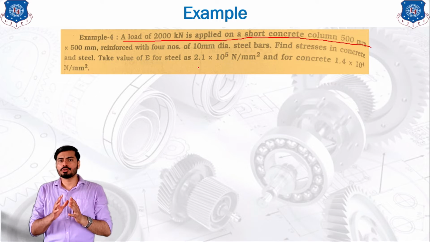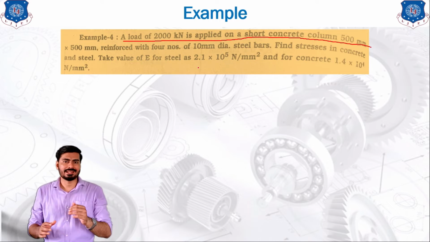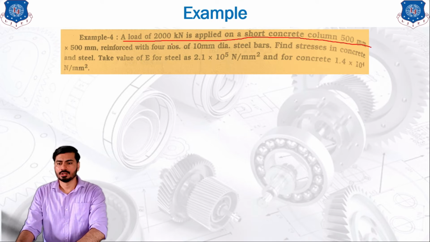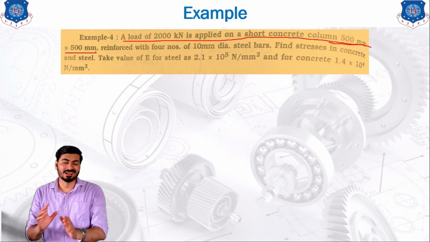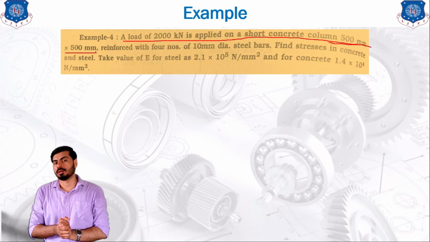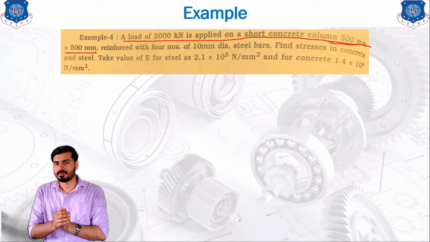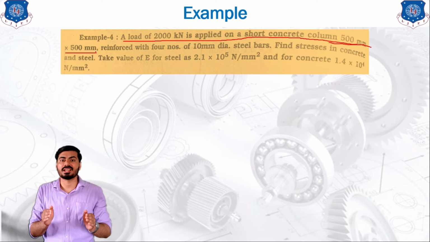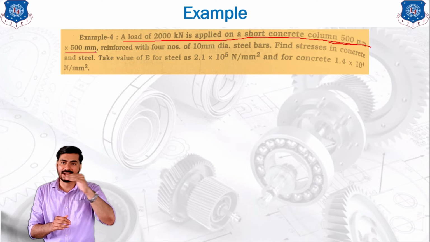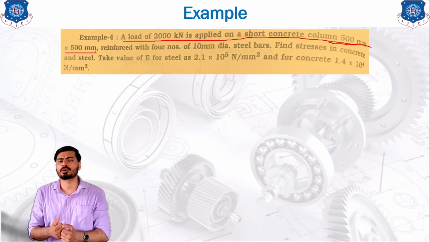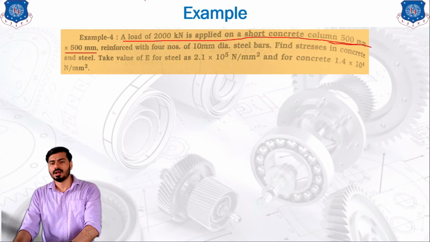So we are going to look at both the materials and let's see how this given data gives us better information. The concrete column is 500 by 500 mm, which gives us the cross section area of the column. It says 500 by 500 mm, which means that the cross section of the column has sides of 500 and 500 mm, so the shape of the cross section is square.